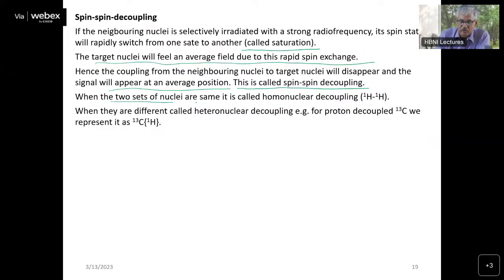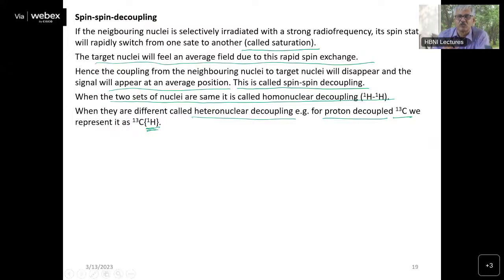So now when these two sets of nuclei we are working with are the same, let us say proton-proton, we call this homonuclear decoupling. But sometimes you can do it with other nuclei like proton-carbon, proton-phosphorus, proton-fluorine, and in those cases, let us say it is a proton-decoupled carbon 13, we call this heteronuclear decoupling, and the nucleus which you are actually decoupling, the nuclei which you are saturating, is put inside the bracket.